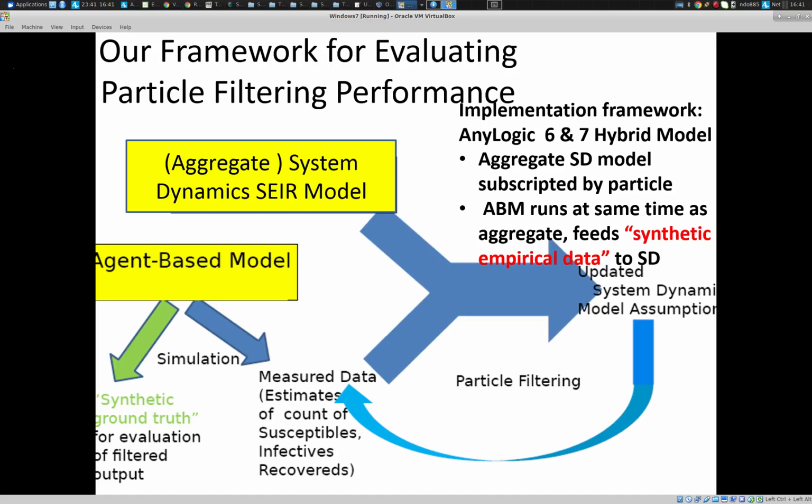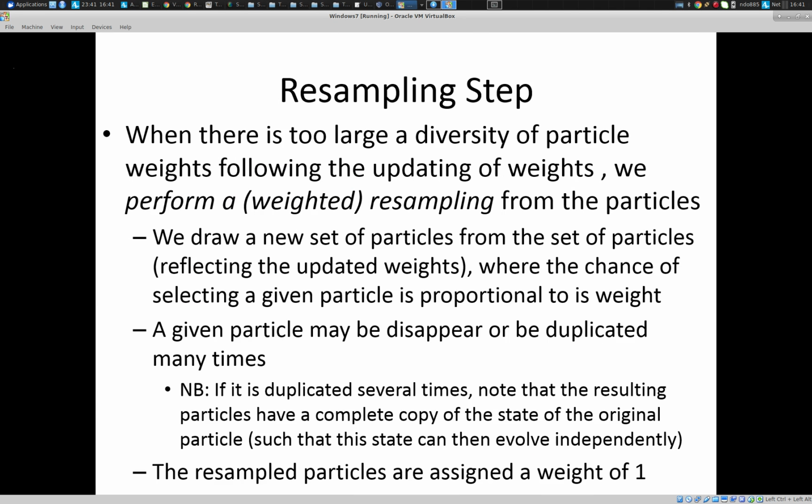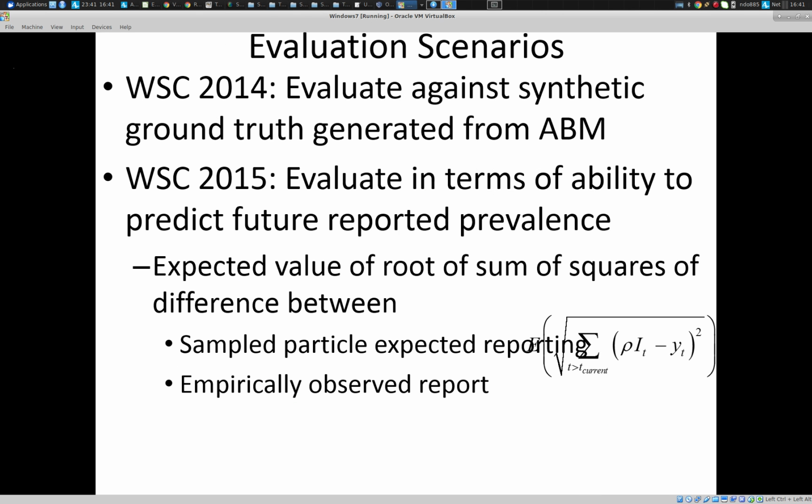We did a lot of early work to evaluate particle filtering and its efficacy. If we wanted to evaluate how accurate it is, there's basically two strategies we used. One is to evaluate using the data only to a certain point, like we saw earlier.